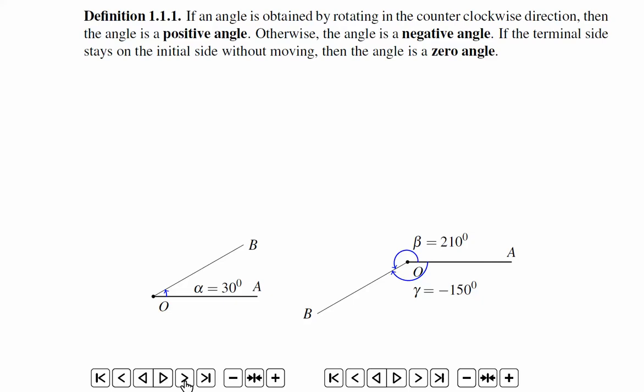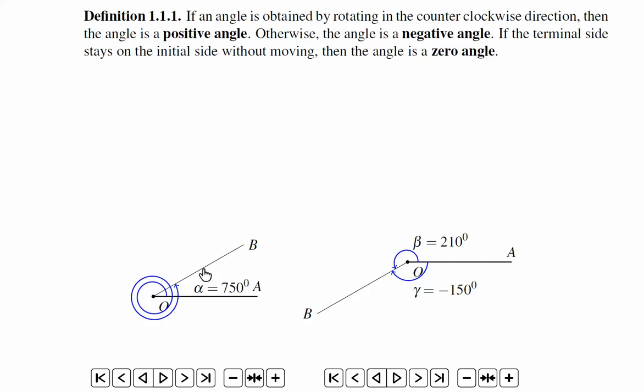If you look at this case, previously it was 30 degrees. You add one more circle on that. That will be 30 degrees plus 360, which is 390 degrees. You can add another circle. So 390 plus 360, you will have 750 degrees.